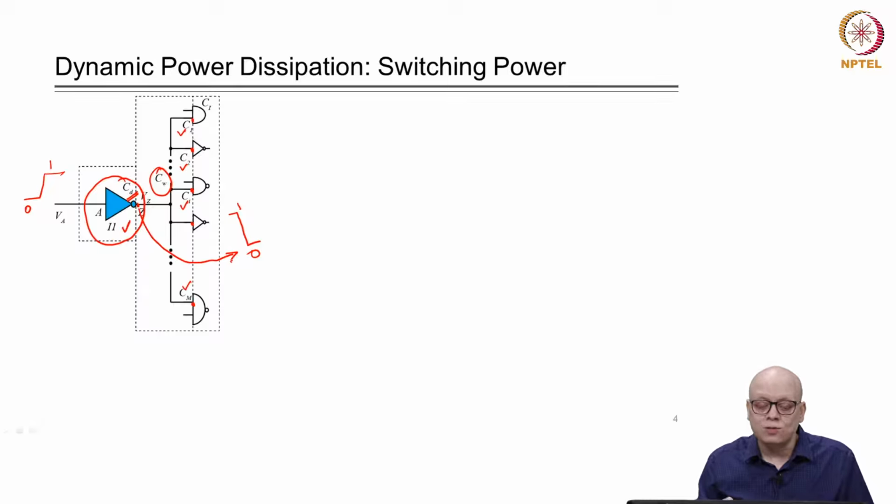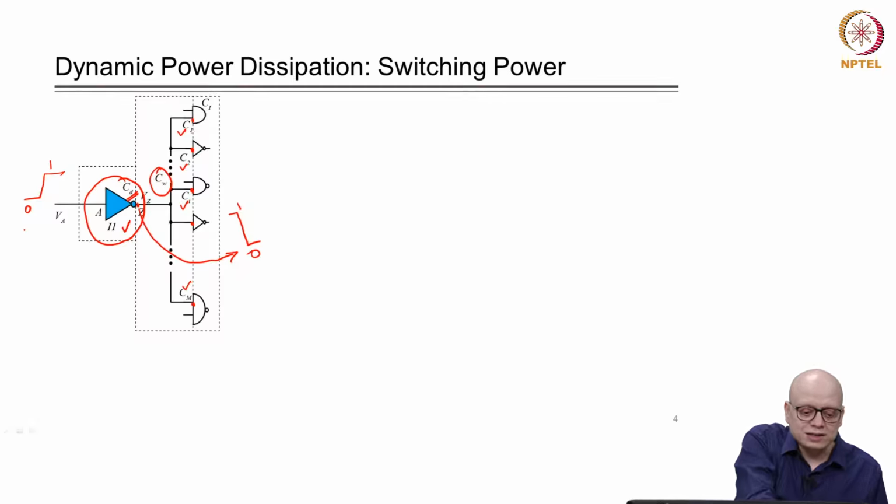And while this transition is happening, the capacitances C1, C2, Ci to Cm, all these capacitances will be getting discharged, right, because when it was 1, it was charged to VDD, now it is coming to 0, so it will be discharged. Similarly, Cw will be discharged and Cd will be discharged, right.